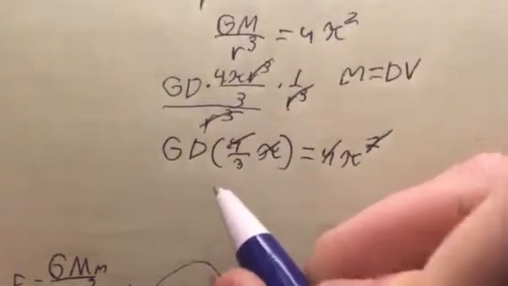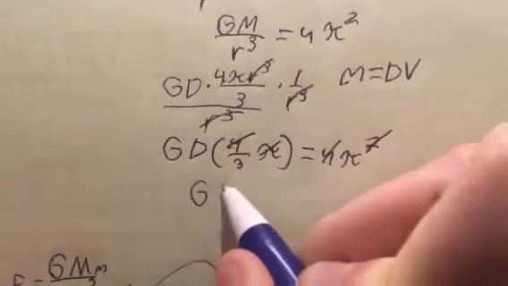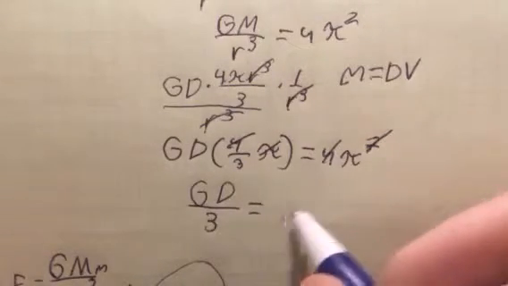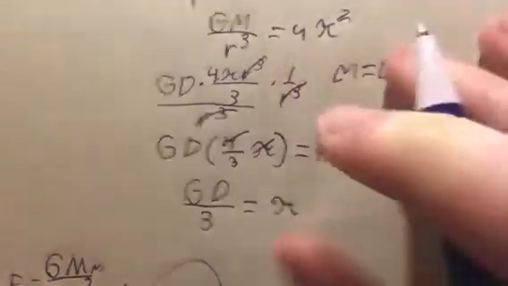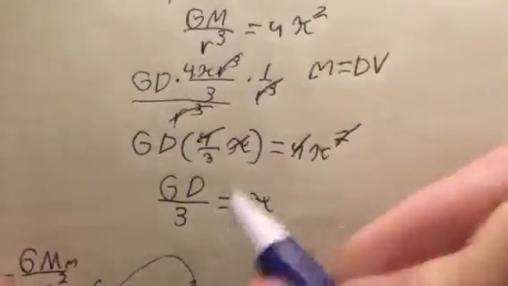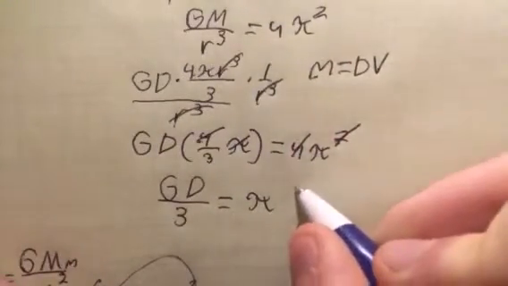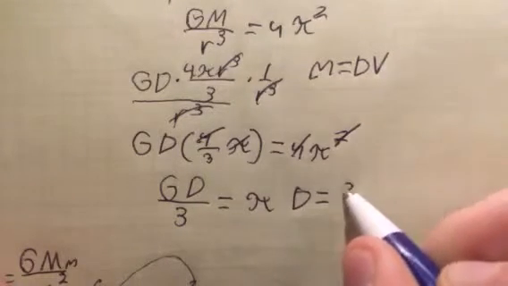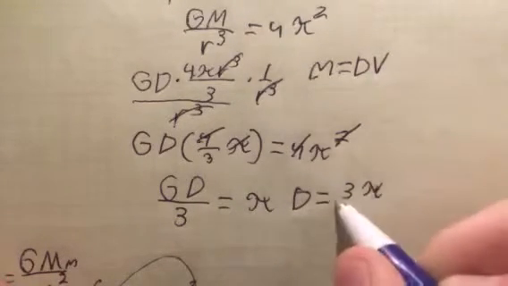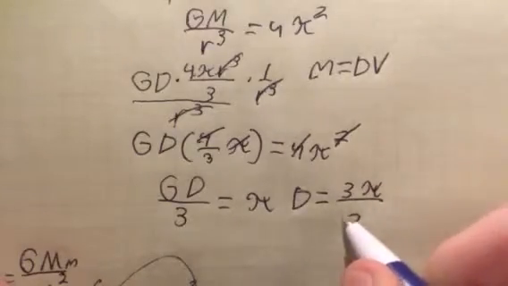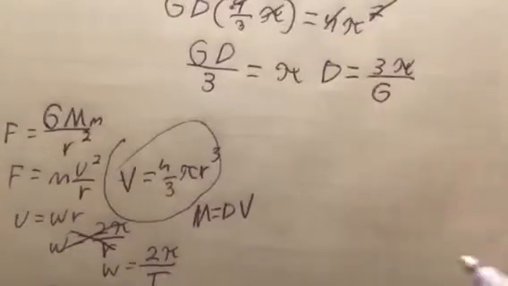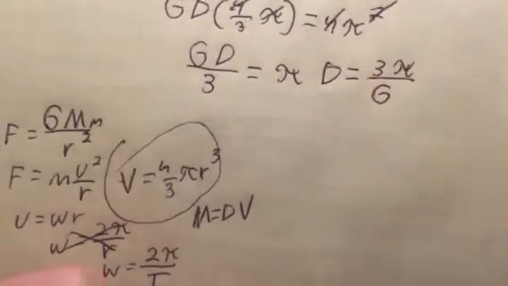So now what we end up having is gravitational constant times density over 3 equals pi. And now all of these, except for d, are just numbers, so we can work with this. So d equals 3 pi over G. And now we're just going to get a number out of that because G is our gravitational constant.